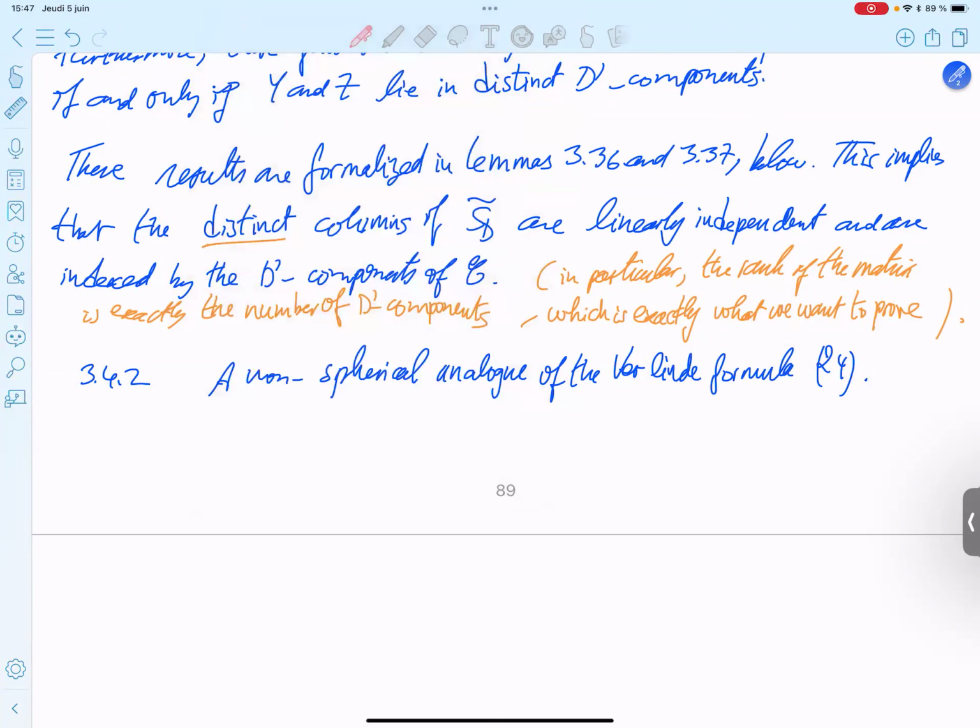So remember, the Verlinde formula is a formula for a premodular category.